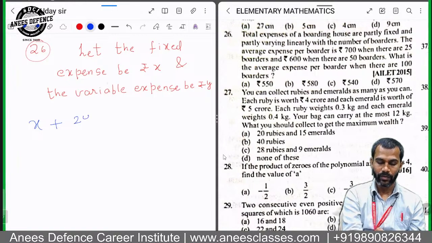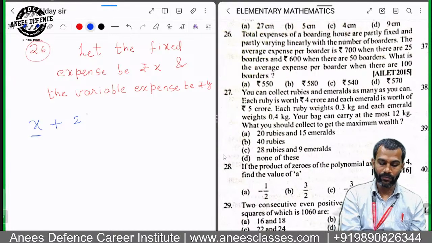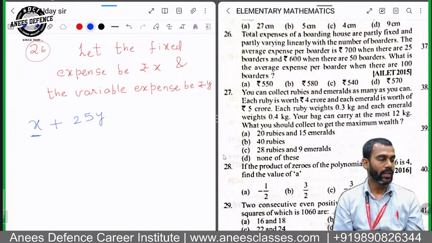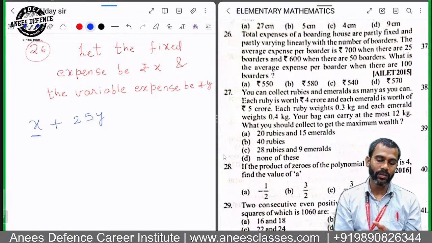So x is the fixed amount that they will take, and 25 into y, where y is the variable one. Yes or no? X is the fixed amount that will be taken, so due to 25 borders, we have to add 25 into y.